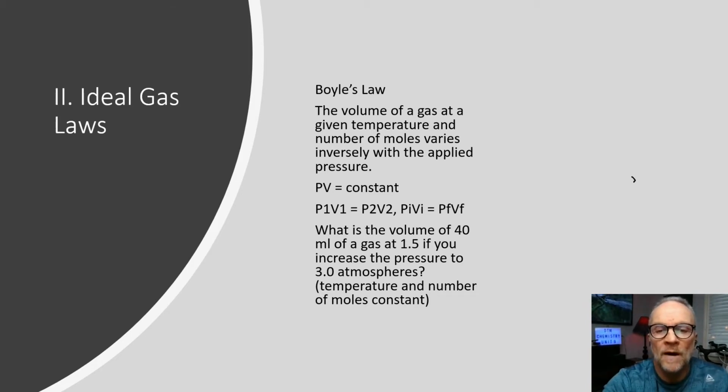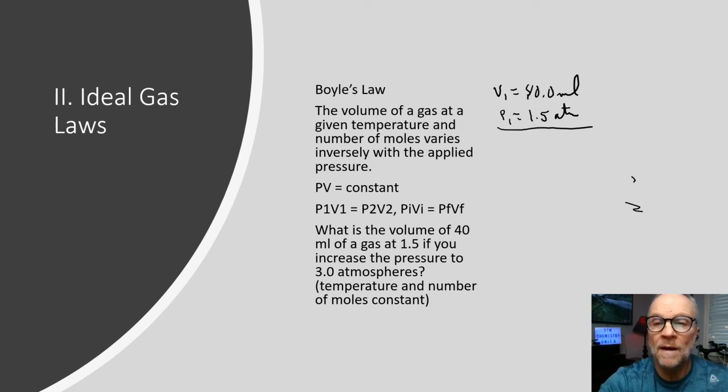So V1 would be 40 milliliters, and P1 would be 1.5 atmospheres. Then if you increase the pressure to 3 atmospheres, that would be P2. And then what would your new volume be? That would be V2.